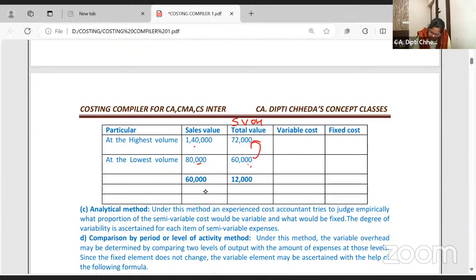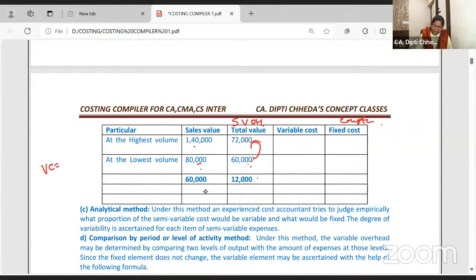Change in the semi-variable overhead is only because of the variable element. In semi-variable overhead, whether you sell 140 or 80, your fixed cost is constant. So the change is only because of the variable element.